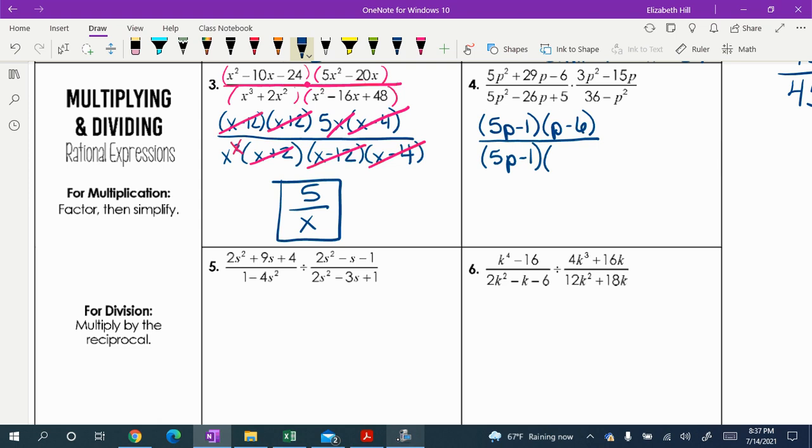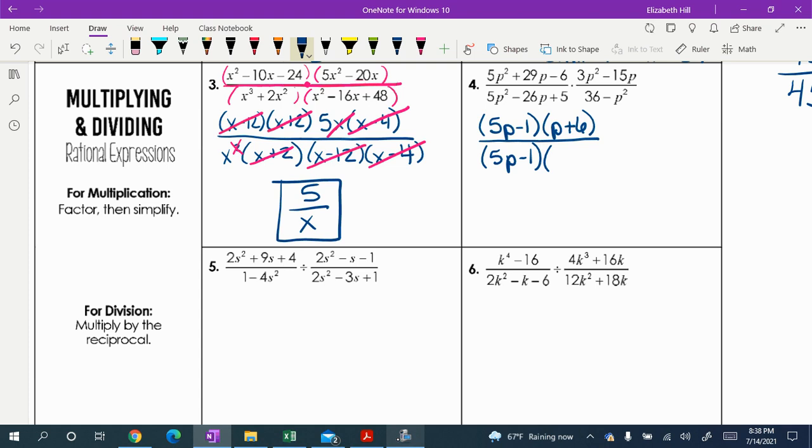Actually, 1 second here. Oh wait, this should be plus 6. There we go, that's right, okay. 5p minus 1, p plus 6, so that should get us right.